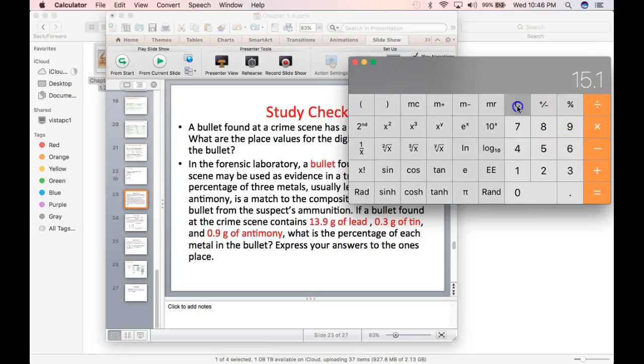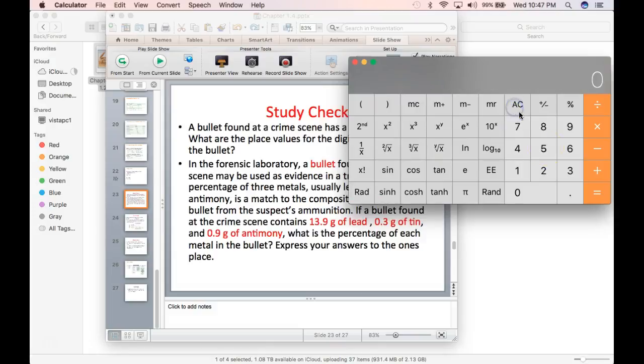All right, okay, so 13.9 divided by the 15.1 times 100. So the percentage of lead is, and it says express the answers to the ones place. So the ones place is over here. So 92% is lead. Okay.